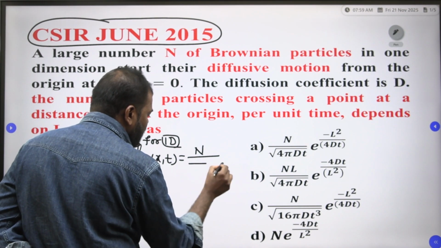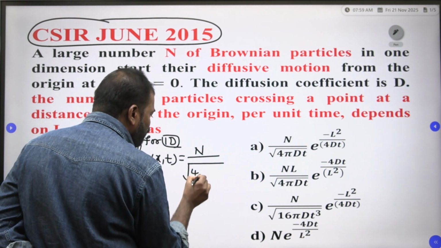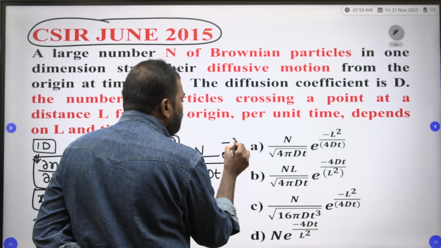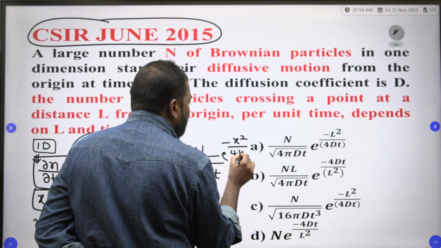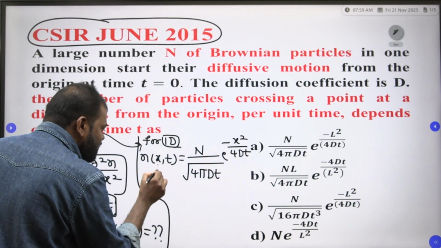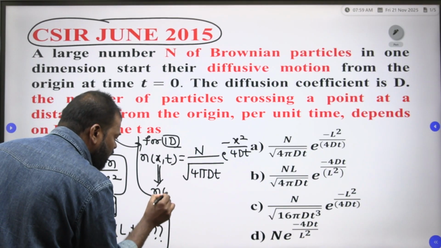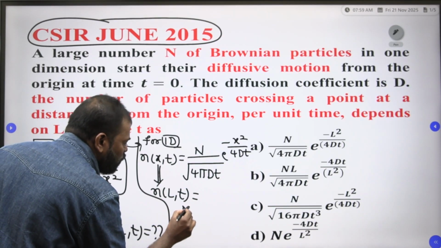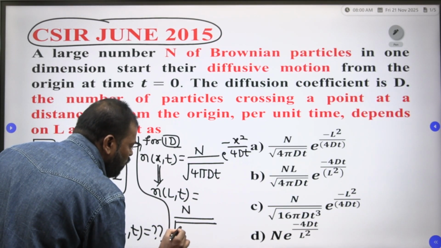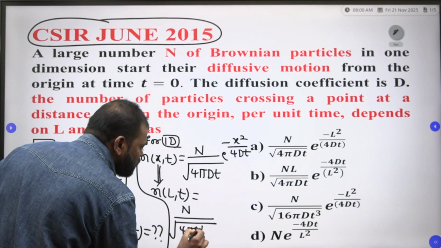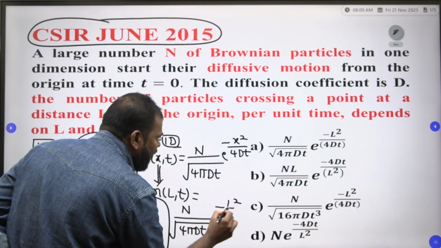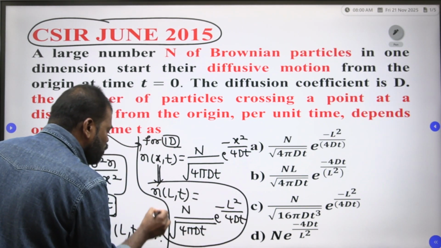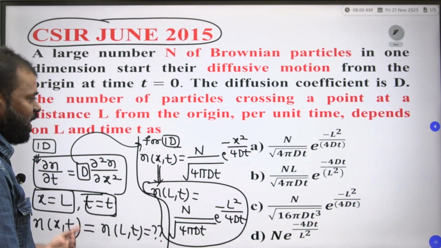At x = L, n(L, t) = N/√(4πDt) e^(−L²/4Dt). So you simply have to apply this, and you will get the answer.